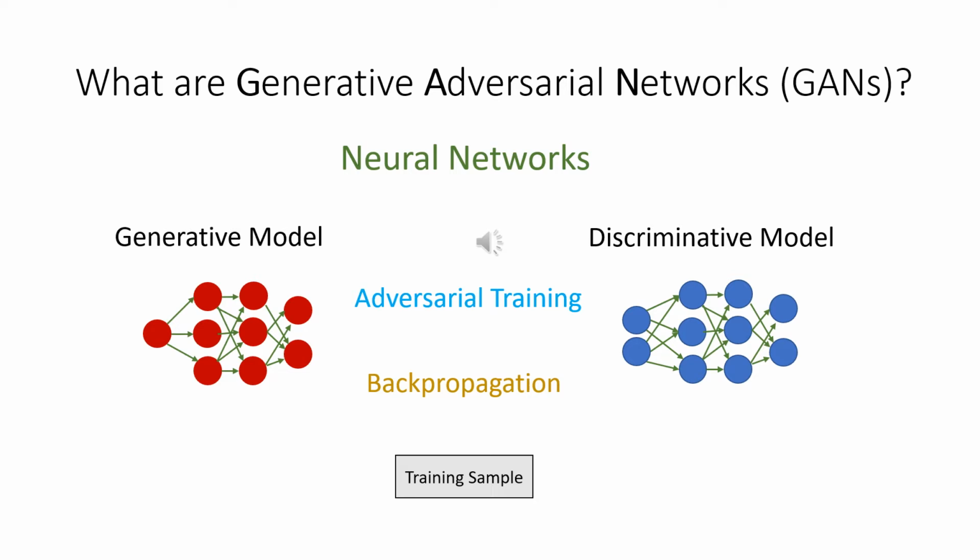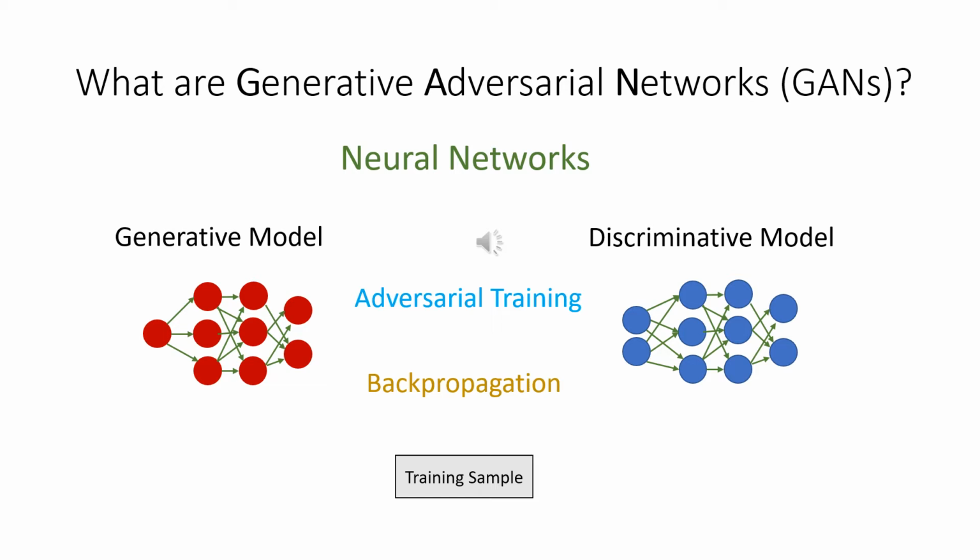These two models are trained together, where the generative model captures a data distribution, which is our training sample, and a discriminative model estimates the probability that its input came from the training data rather than the generative model. This approach is called adversarial training, which is where inputs are chosen by an adversary.